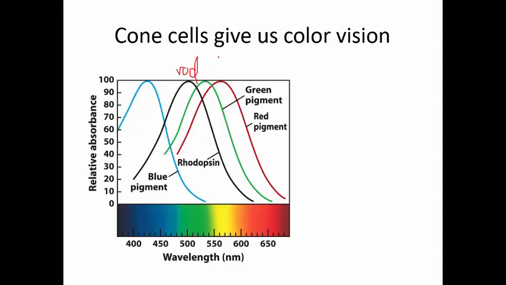So if you have, let's say you're missing this green one, but a light right here at this wavelength hits a red cell, that's going to pick up most of that. It's going to pick it up pretty well, right? So you're probably going to see that as red.